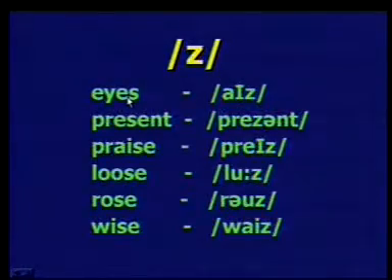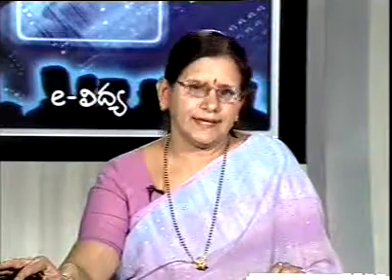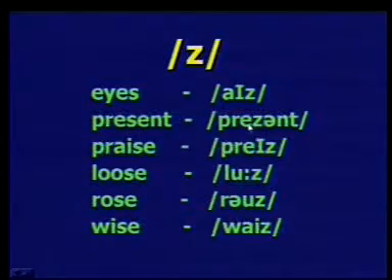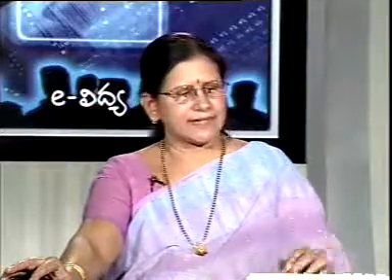So no student will write the spelling of I-C-E. And then S also will take in some cases the Z sound, like present, praise, lose, rose, wise. In all these words, S is giving the Z sound, rose.